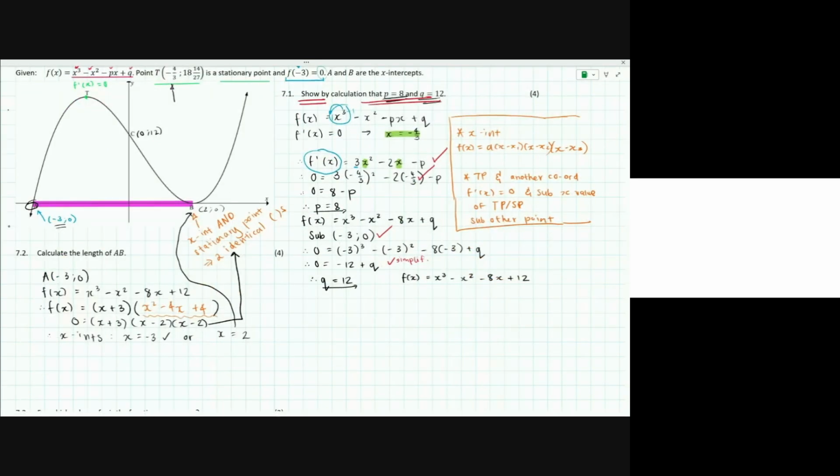If A is 3 units away from my origin on the left, and B is 2 units away from my origin on the right, that means that AB in total is 5 units. So it's just a counting situation once you have that.